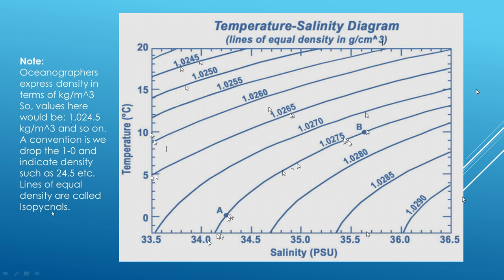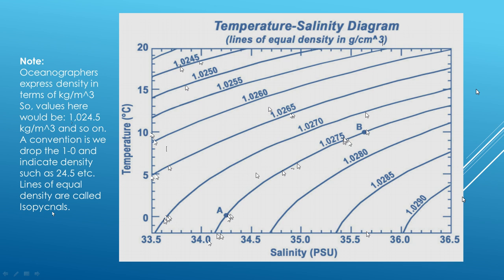Conversely, let's take this value here of 35.65 at 0C. I'm going to hold that salinity constant and make the temperature warmer. And what do we see? We notice the density has decreased, from 27.0 to 26.5.